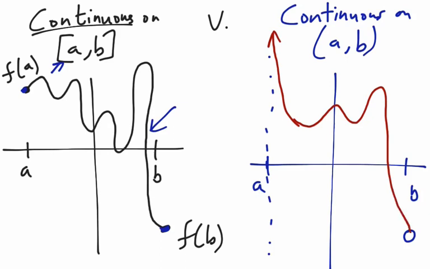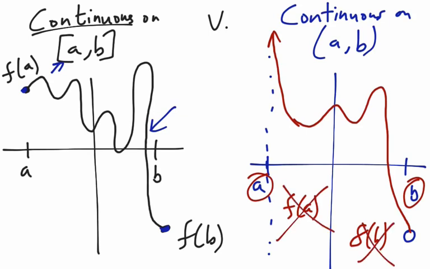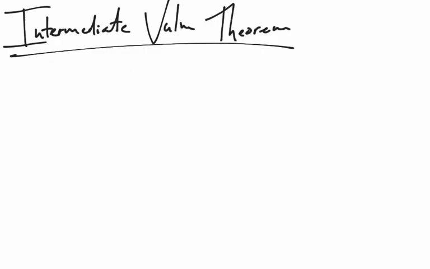But notice that a and b are not in the domain of this function, because a is an asymptote and b is a hole, and so f of a and f of b are not defined. So that's how you can get continuity on an open interval, is basically whenever you have an asymptote or a hole.